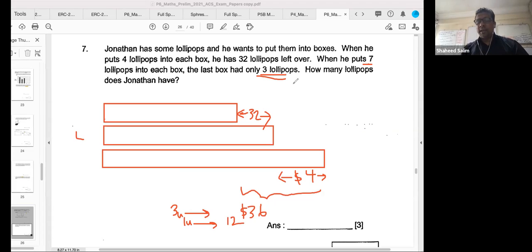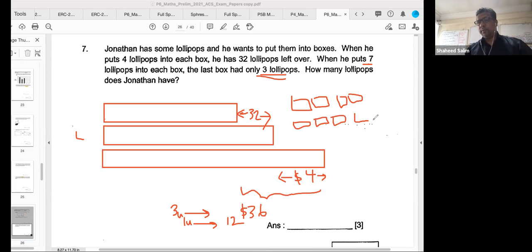So we see where does it work now. 12 boxes, watch. If we put 12 boxes now, 1, 2, 3, 4, 5, 6, 7, 8, 9, 10, 11, 12. We can test it out now. If you put 4 in every box, 4 times 12 is how much? 48 lollipops.